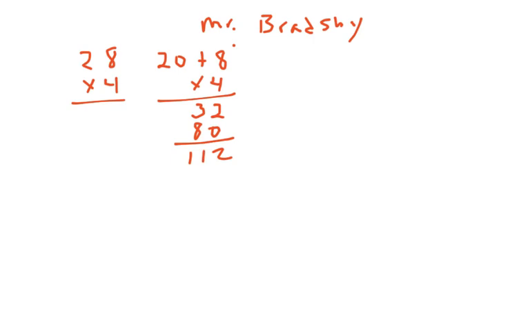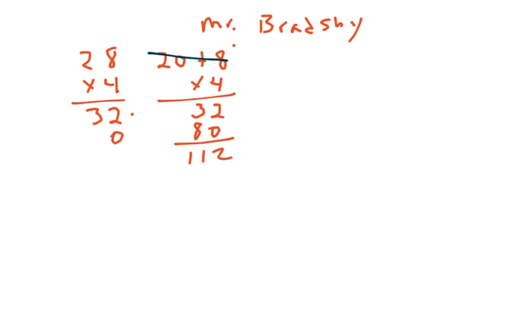Well, a little bit shorter, we said we could do that by just multiplying the 4 times the 8 and write down the 32, not have to expand it. Okay, so 4 times 8 is 32. 4 times 2 is 8, but we got to remember it's 10.